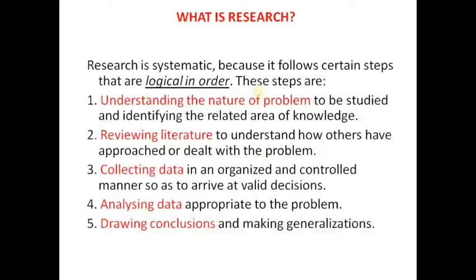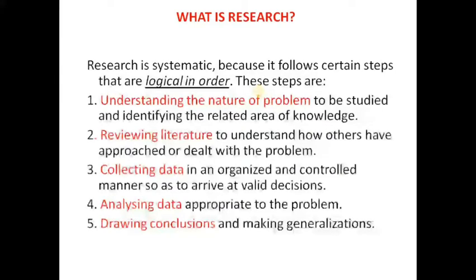What is research? Research is systematic because it follows certain steps that are logical in order. These steps are: number 1, understanding the nature of the problem to be studied and identifying the related area of knowledge. Number 2, review the literature to understand how others have approached or dealt with the problem.